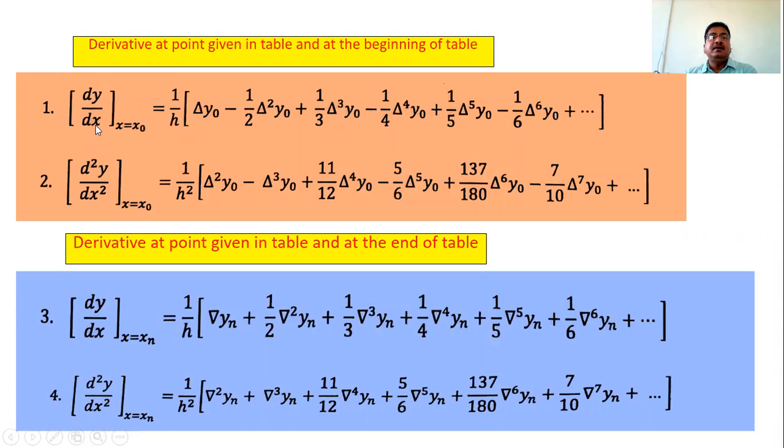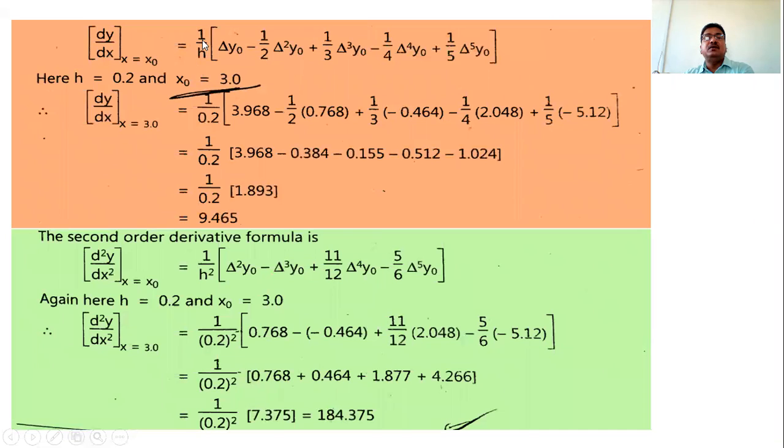Dy by dx at x is equal to x naught is 1 by h, and these terms: plus minus plus minus plus minus terms, up to delta raised to 5 y naught. So write here 1 by h, delta y naught plus 1 half delta square y naught plus 1 by 3 delta cube y naught minus 1 by 4 delta raised to 4 y naught, plus minus terms up to delta raised to 5 y naught.